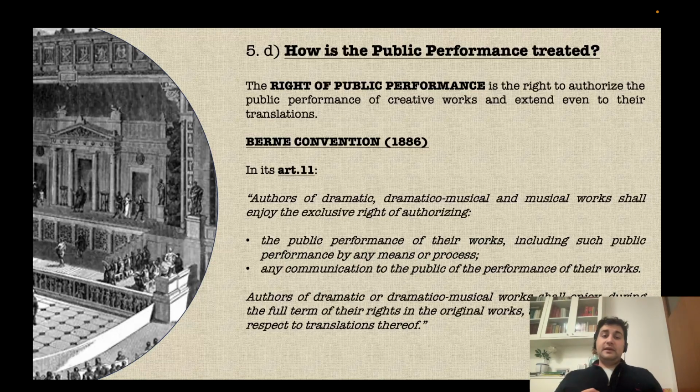You see that this is the first economic right that is linked to a particular type of authors, okay, and not to others. If I am a software developer, I don't have the right of public performance because there won't be a public performance related to my product, okay? Hence, this is just to see how much even the exclusive rights that are granted by international treaties, for example, the Berne Convention, have limits.